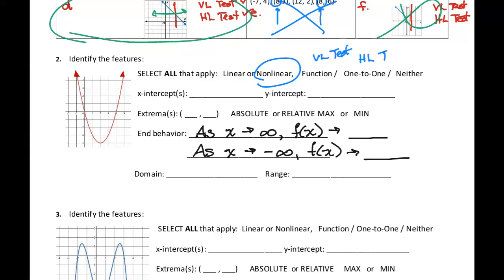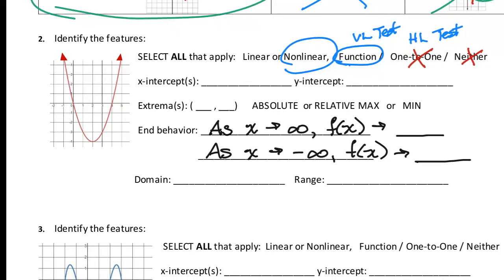So is it a function? Yeah, I can do a vertical line anywhere through there and it'll work. Is it one-to-one? No, because here we're going to hit 2 places. So it is not one-to-one, and therefore it's not neither. Okay.